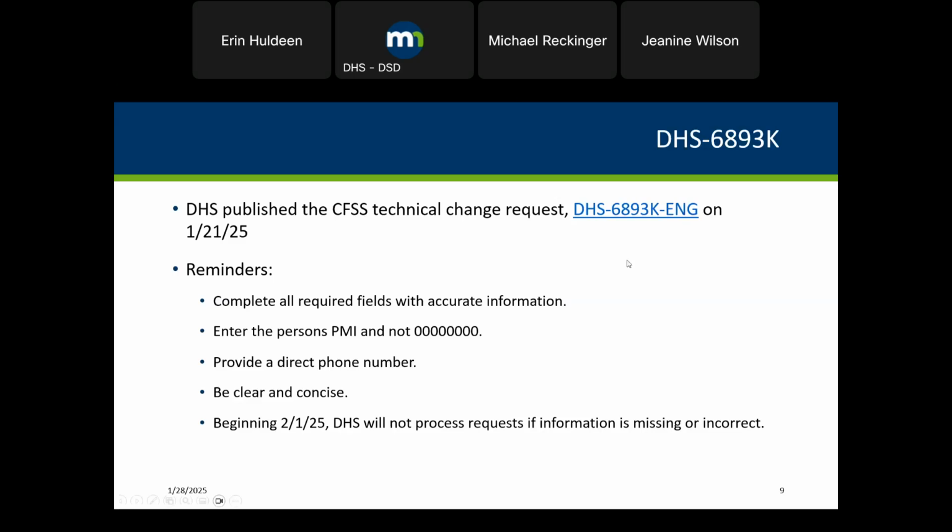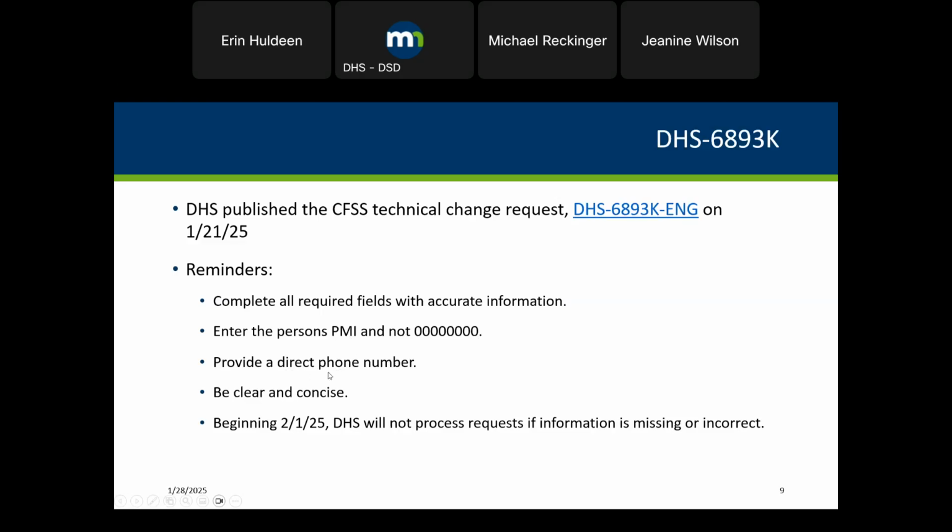So when you are submitting the 6893K or the CFSS technical change request form, please make sure that you're completing all of the fields that are required. So if you don't know the person's PMI number, please look that up. Be in contact with the person, ask the lead agency. Please don't just submit it with a list of zeros or a list of random numbers. We do need it to be the actual person's PMI number.